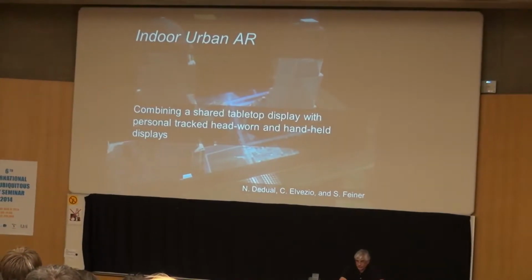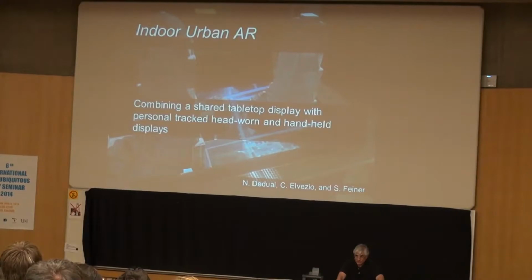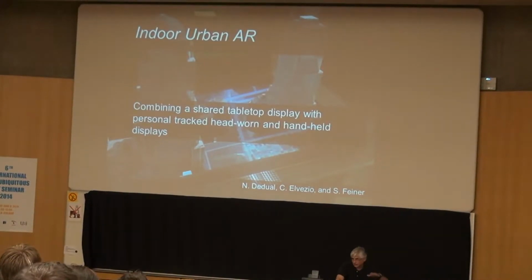Now, what you're seeing here is an actual real picture of our system, and the reason those buildings can be violating, that is to say protruding beyond the bezel of the display, is they're not displayed on that display. They're displayed on a head-worn display that's tracked, and so the system knows exactly where that head-worn display is attached to your head relative to the tabletop. Since we have these 3D models, we can display them looking like they're actually positioned, erected above the footprints on the physical tabletop itself.